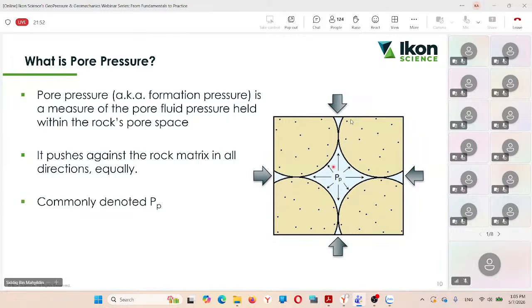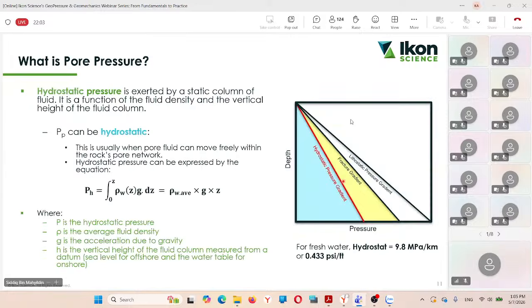But today what we're going to focus on is the pore pressure side only. When we talk about geomechanics later, we will discuss all these different stresses, vertical stress, the horizontal stress, and so on. In terms of pore pressure, there are so many different terms that you might have already heard about: hydrostatic pore pressure, overpressure, underpressure. So we're going to take a look at that. Hydrostatic pore pressure: in a normal situation, when you have normal compaction, we will have hydrostatic pore pressure.